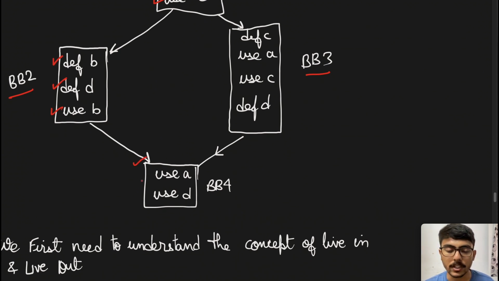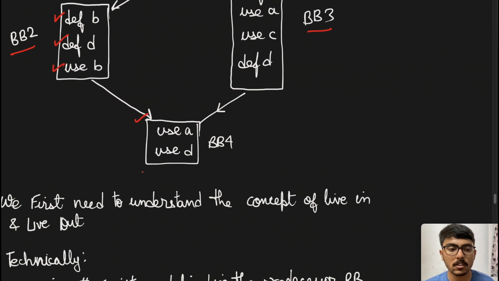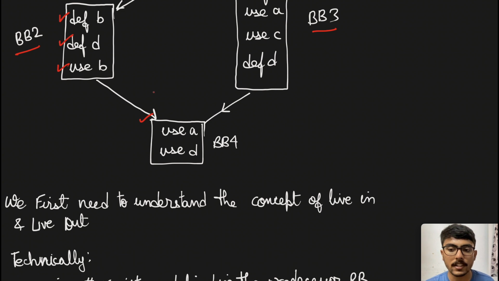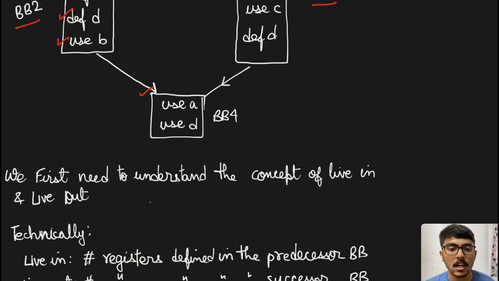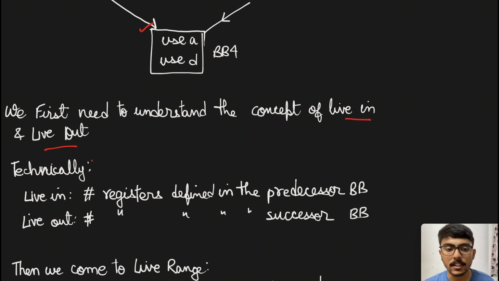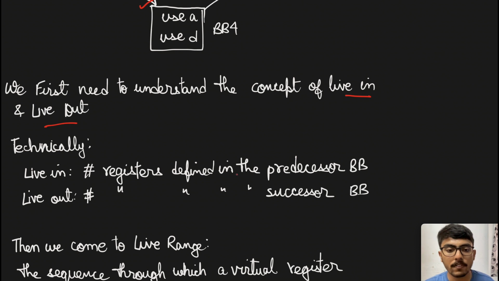The first thing we might want to clarify here is the concept of live in and live out. Live in technically means the registers defined in the previous or predecessor basic block, and live out stands for the registers defined in the successor basic block. Don't worry if you don't understand this, I'll explain it further down.